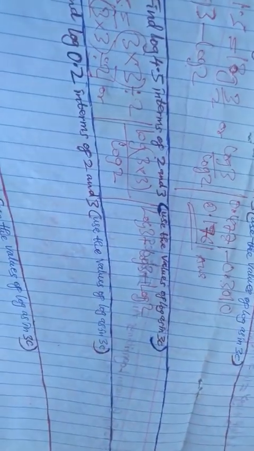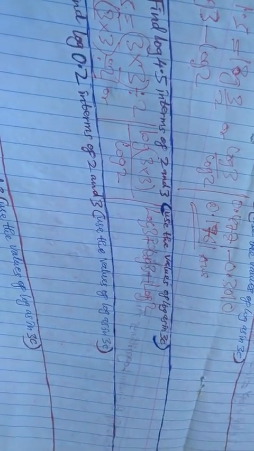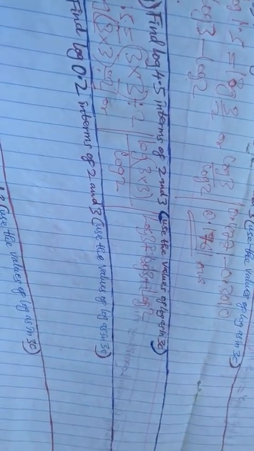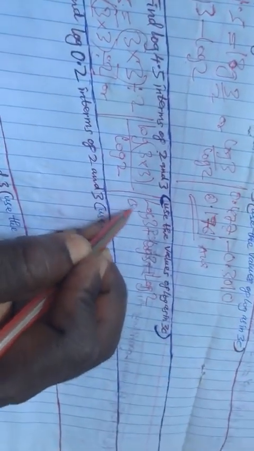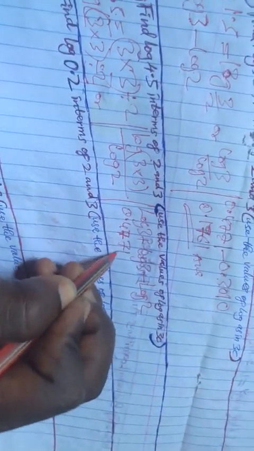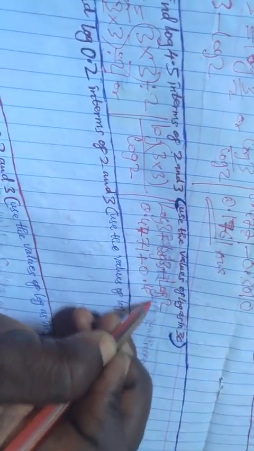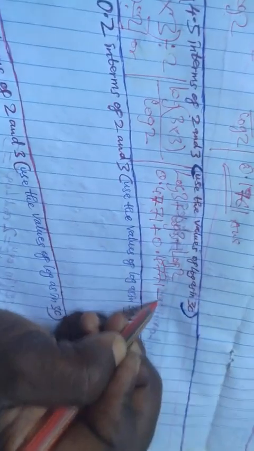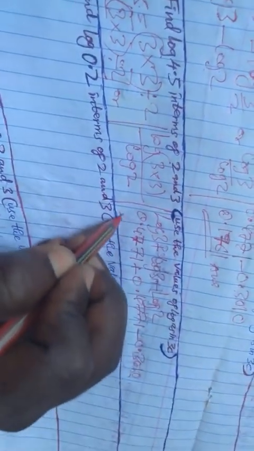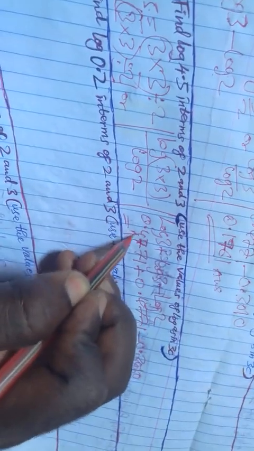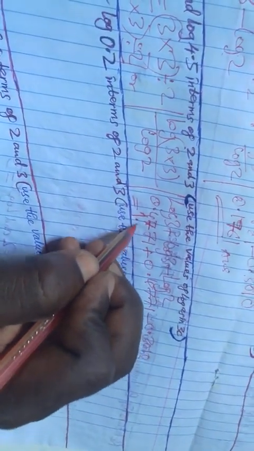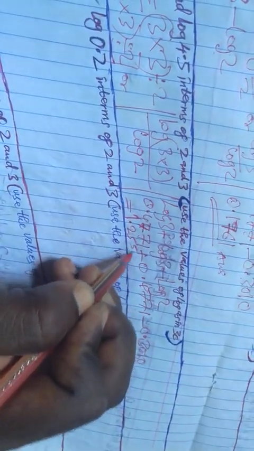By substituting the logs with the values given in decimal in terms of 2 and 3 and dropping the logs, we say 0.4771 plus 0.4771 minus 0.3010. This further gives us 1. If you add and subtract, you get 1.2552 as the answer.